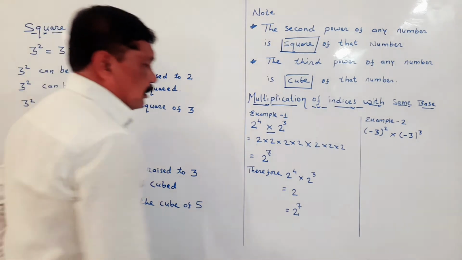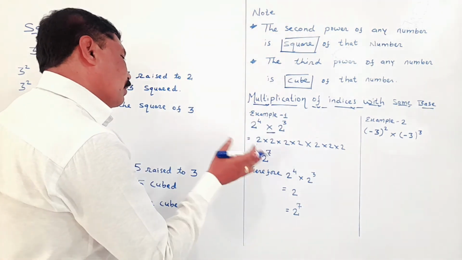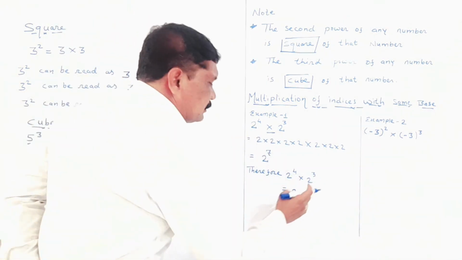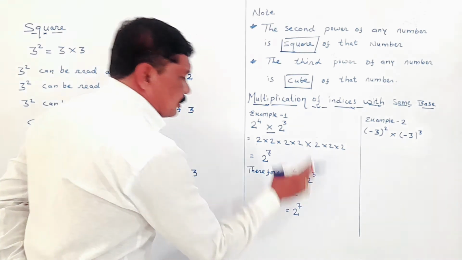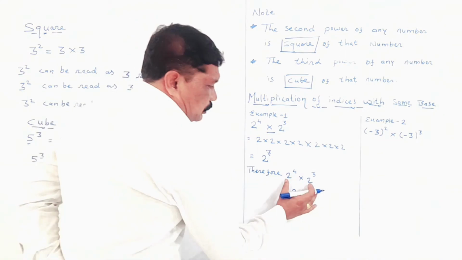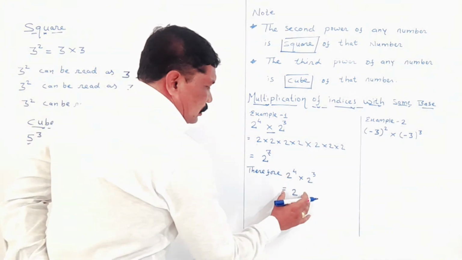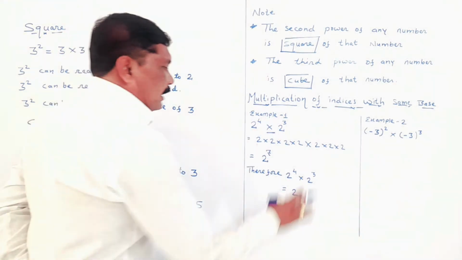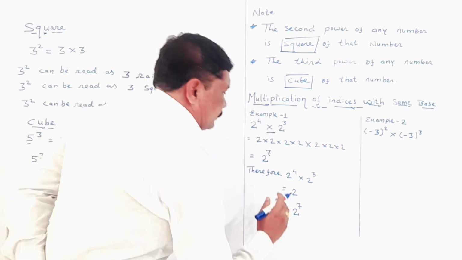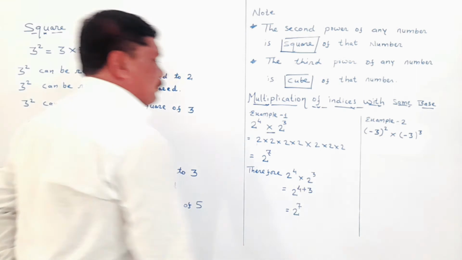My dear student, from this understanding we can also do a certain activity. We can write the base, which is common, 1 time. Here, my dear student, two indices are given with the same base. So we have written the base and then we will try to add the indices. 4 plus 3.